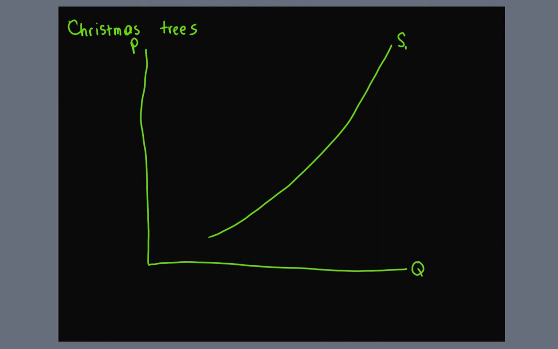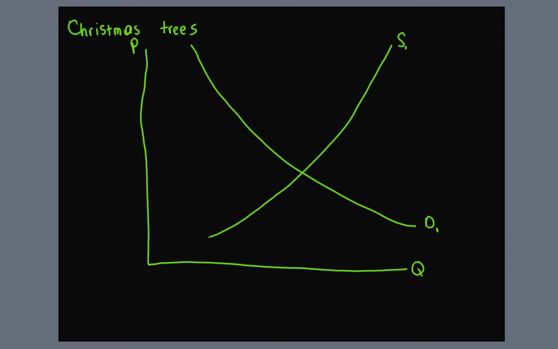I'm also going to graph a hypothetical demand curve, which is downward sloping from left to right, which reflects the fact that our consumers want to purchase more trees the lower the price of Christmas trees, and correspondingly they're going to want to purchase less Christmas trees the higher the price of Christmas trees.